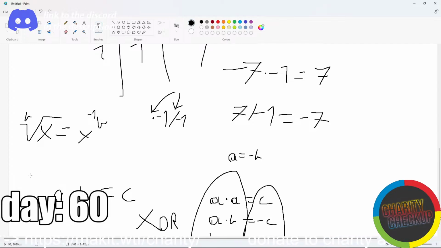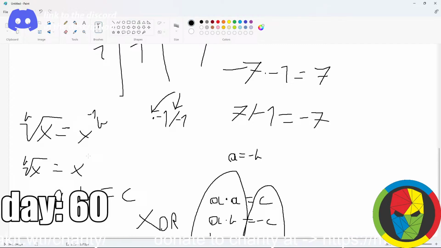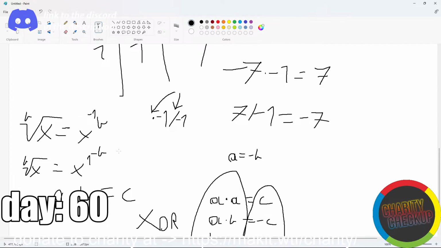What it actually is equal to in normal mathematics is x to b to -1.